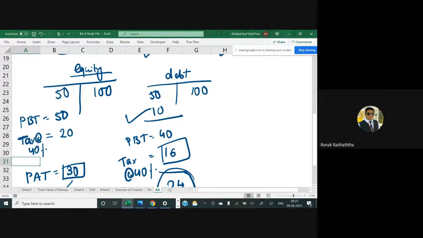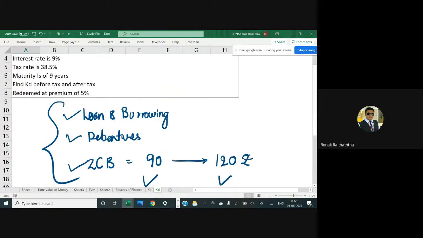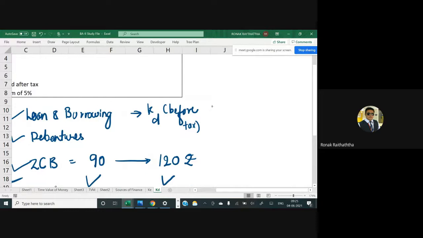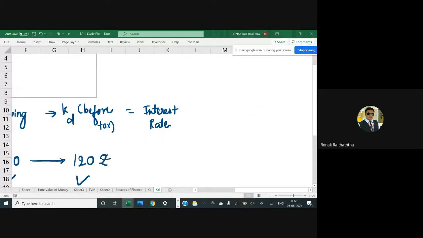So sir, how do we come to know about that? As far as loans and borrowings are concerned, KD before tax and after tax are very easy to find. KD before tax, you may just write it somewhere, is equal to the interest rate, and KD after tax is going to be the interest rate multiplied by (1 minus tax rate).